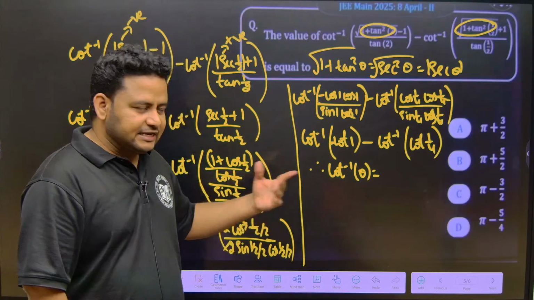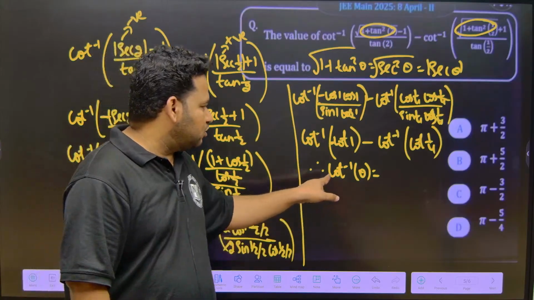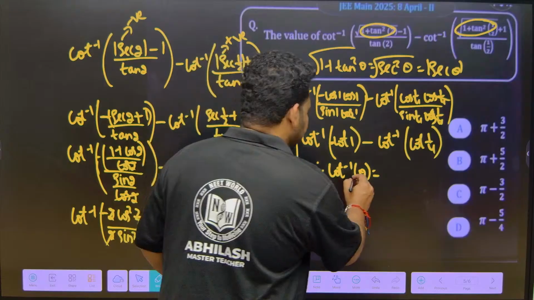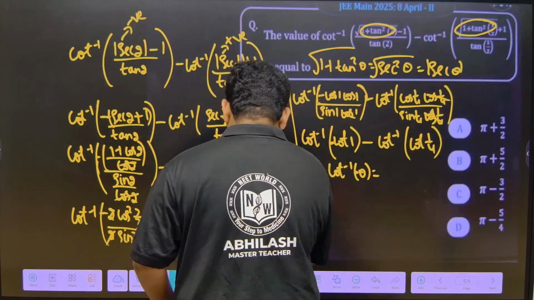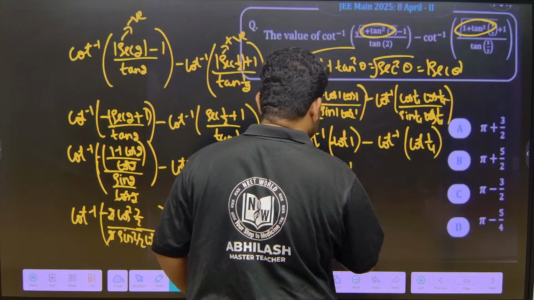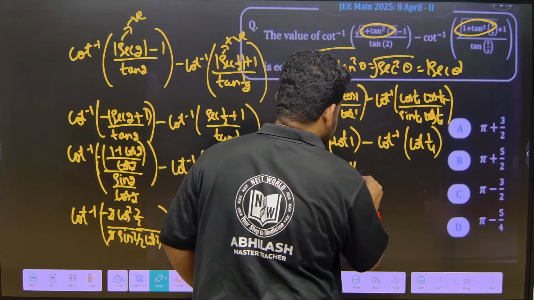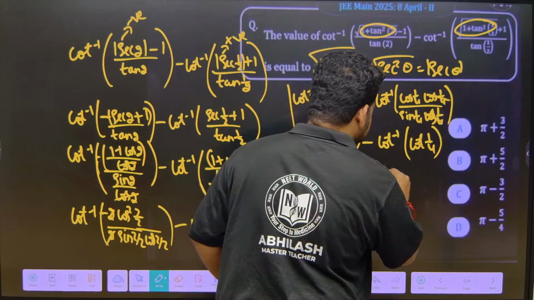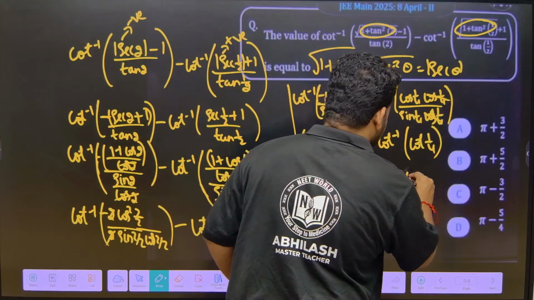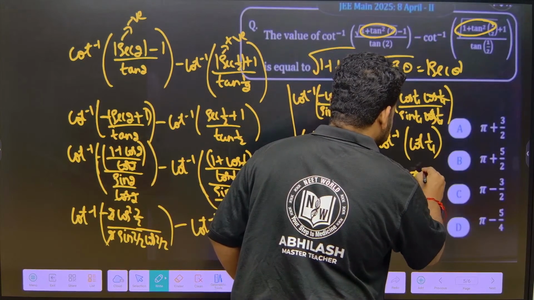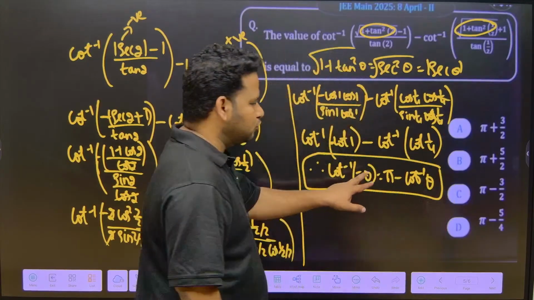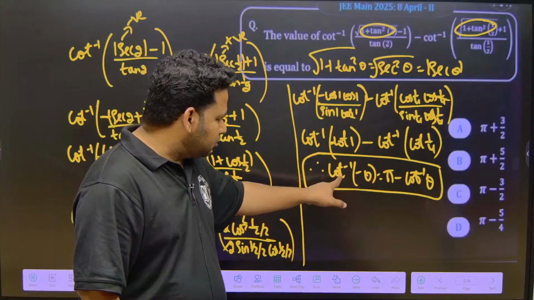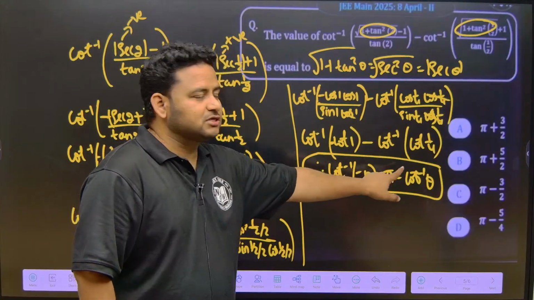So cot inverse of minus theta is equal to pi minus cot inverse of theta. Please keep this in mind, highly important, don't make the mistake.